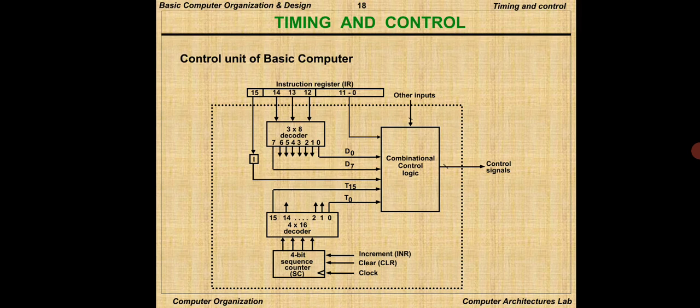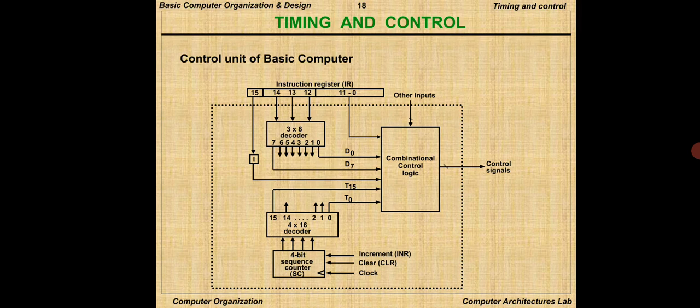That is timing state 0, timing state 1, timing state 2, timing state 3, and so on. Totally we will have 16 timing states, that is, 16 clock pulses maximum it will take to perform any given operation. So maximum they have taken is 16 time states.